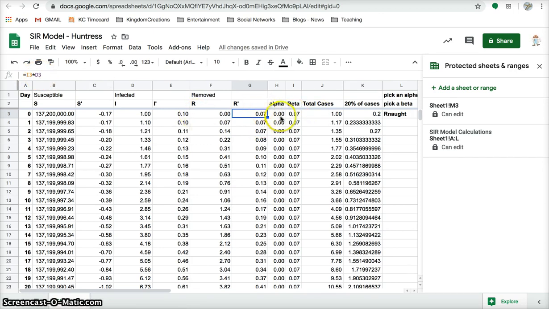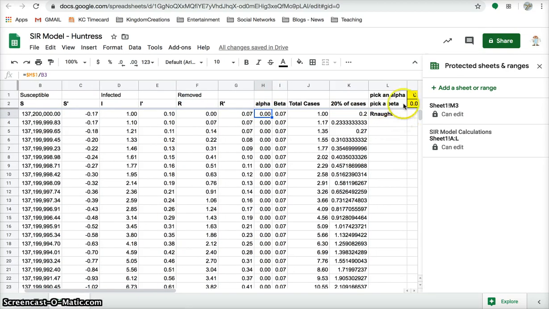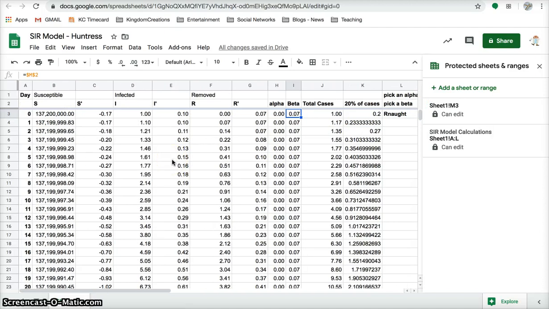Okay. So these initial alpha and beta are just, alpha is calculated by taking the alpha that you pick from over here and dividing it by the population. Beta is just taken directly from what you have picked over here for your beta. So here's the idea.